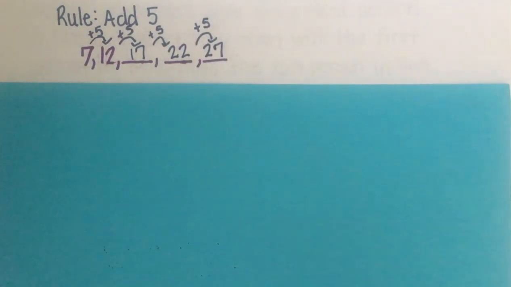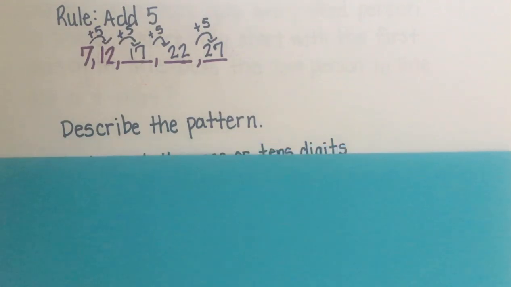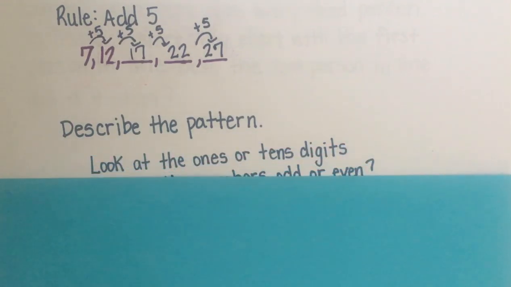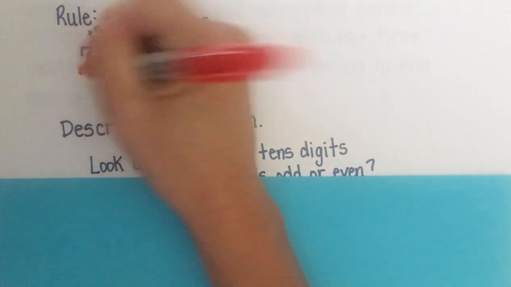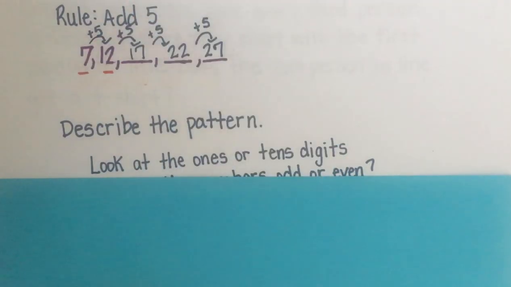Now here's what we're doing differently this time. We're being asked to describe the pattern. Well, there are 2 different ways that I can do that. There are many ways, but today we're going to look at the ones digits. So I'm going to underline the numbers in the ones digits and see if I notice a pattern. So I have 7, and the number 12, the 2 is in the ones place.